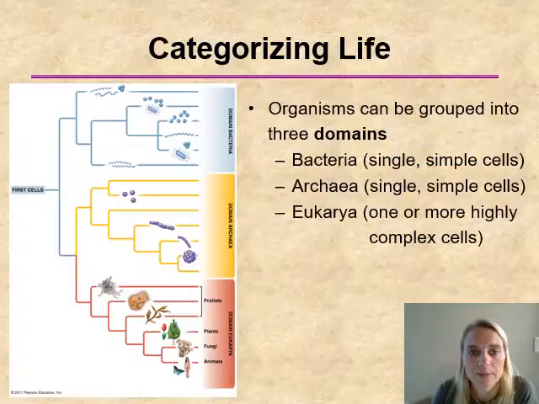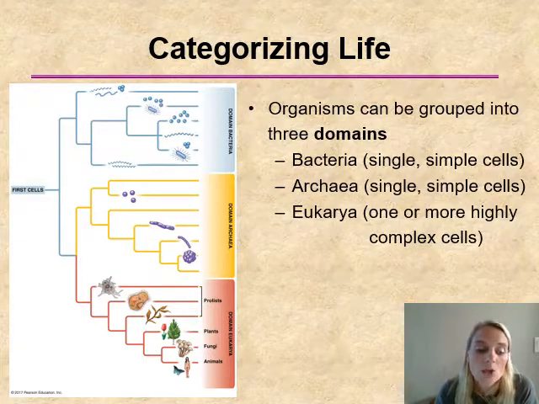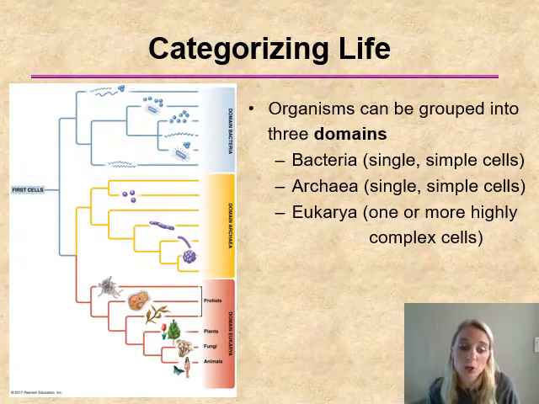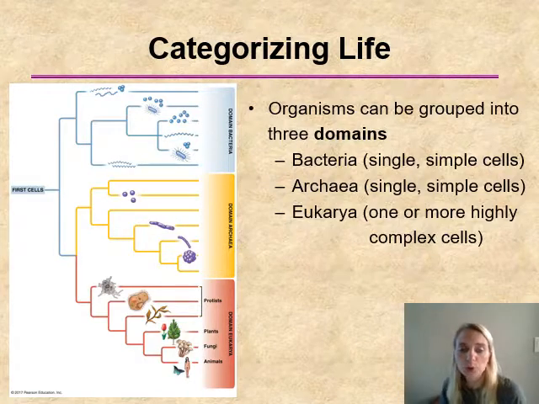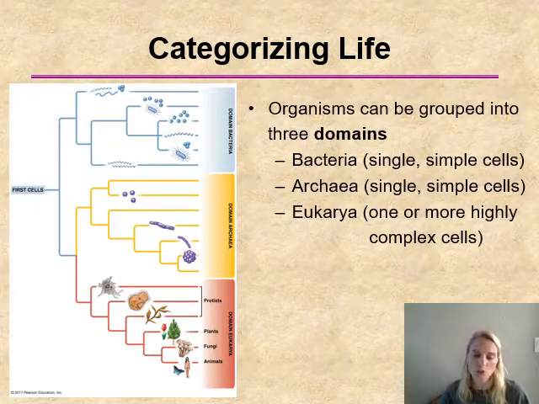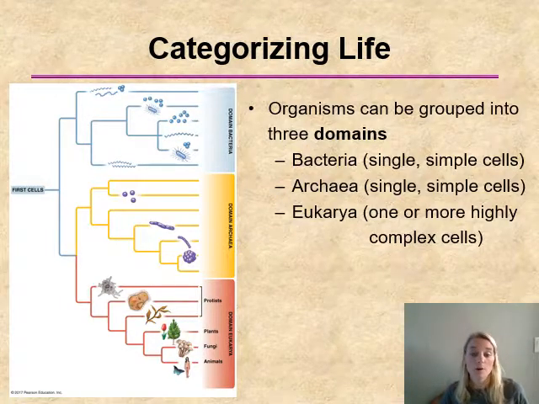All right, so here we have this diagram. The blue, the yellow, and the red are color-coded categories of the largest groupings of organisms with similar characteristics. These are called domains. We have 3 domains. Two of them are prokaryotic, and 1 of them is eukaryotic.